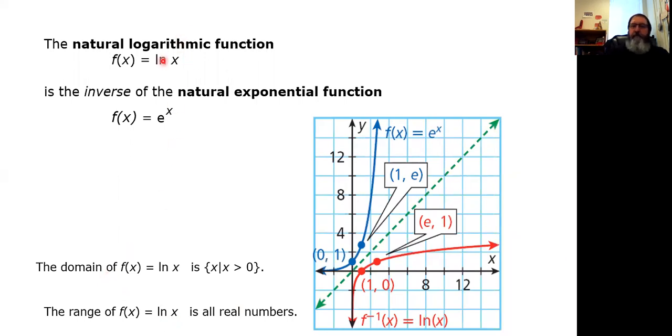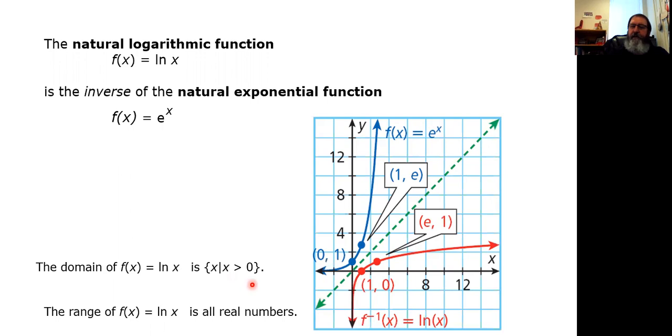Just so you're aware about the domain and the range of this function, the natural log of x, the domain is always going to be x greater than 0, because as the curve comes towards the y-axis, which is at x equals 0, that's an asymptote there. The red curve never actually gets to 0. It never actually touches the y-axis. So it gets really close, but it never actually touches it.